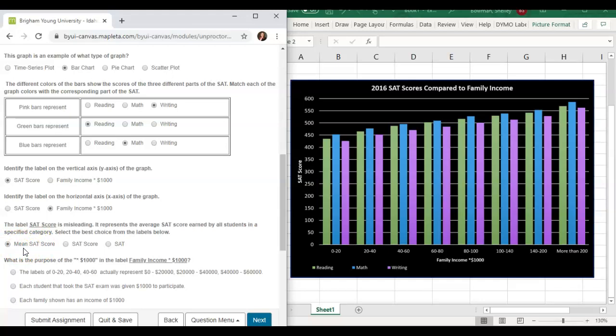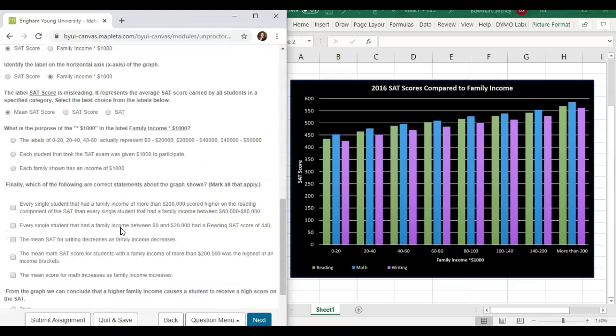The next, what is the purpose of the times 1,000 in the label family income times 1,000? If we times these numbers each by 1,000, we get 0 to 20,000. Times this by 1,000, 20,000 to 40,000. 40,000 to 60,000, and so on.